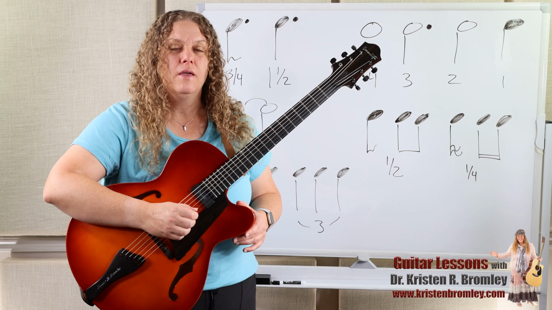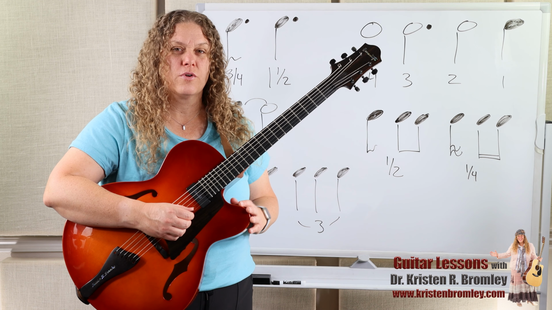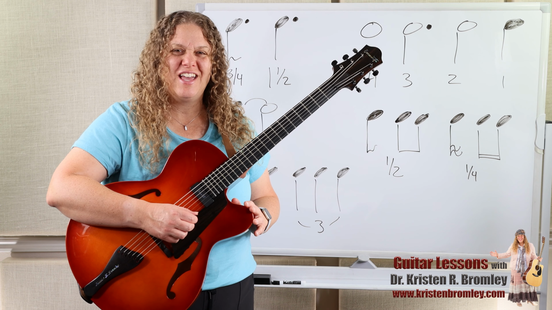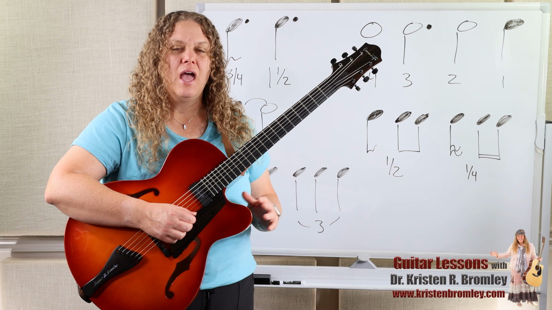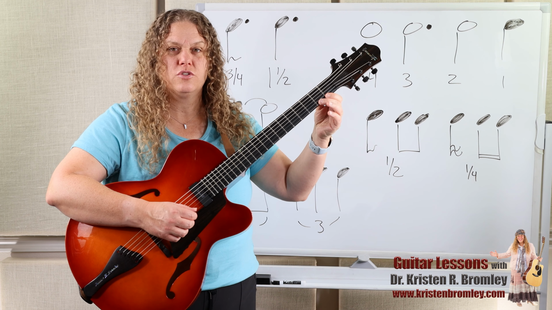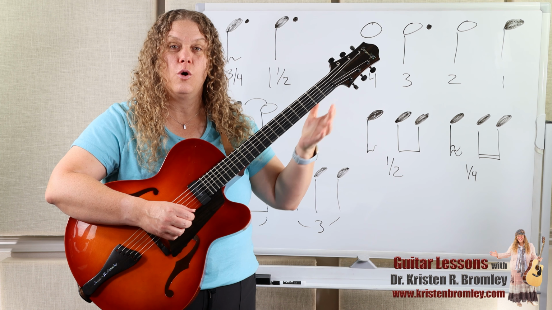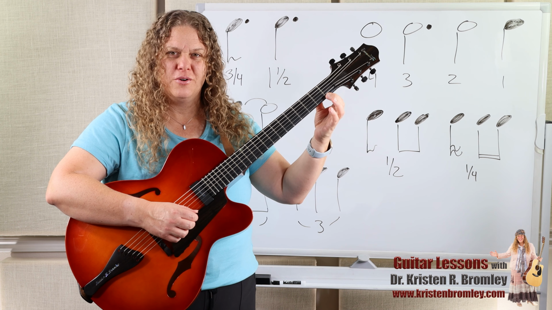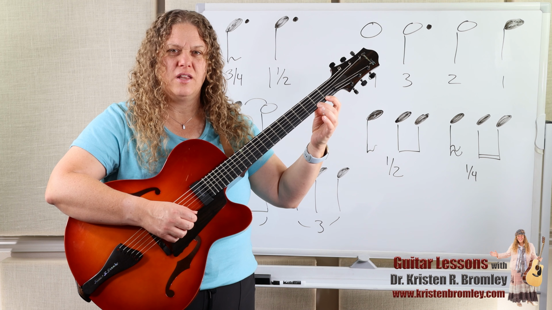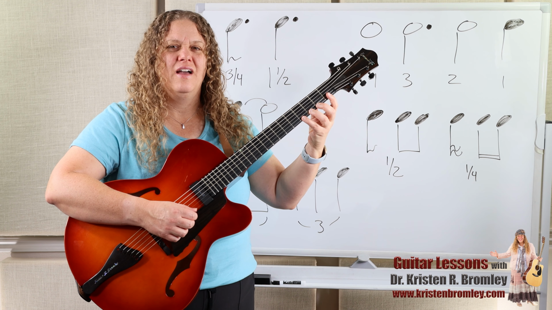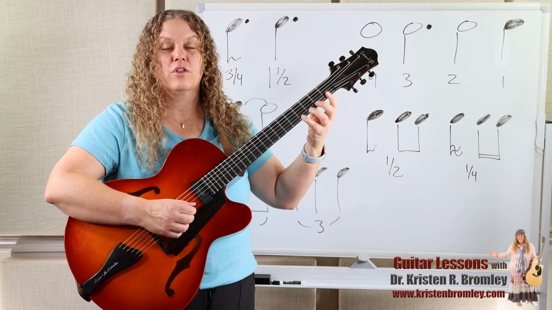But if you're using a pick and you haven't done up plucks before, then you can just go ahead and start trying on that open string to get the alternation happening. And then with some of the exercises that we've done in previous videos, like the open 1, 2, 3, 4, 3, 2, 1, open, what you can do is do 4 plucks per note, just alternating the direction, just like that, and work through those.